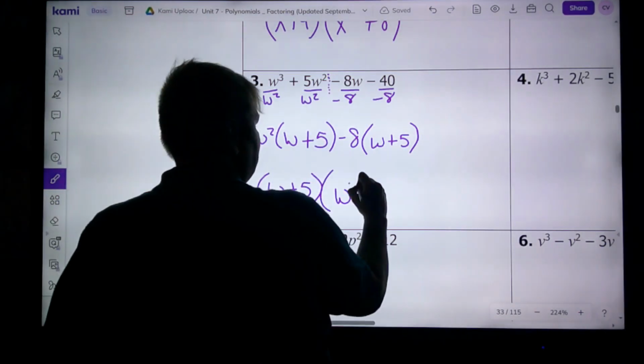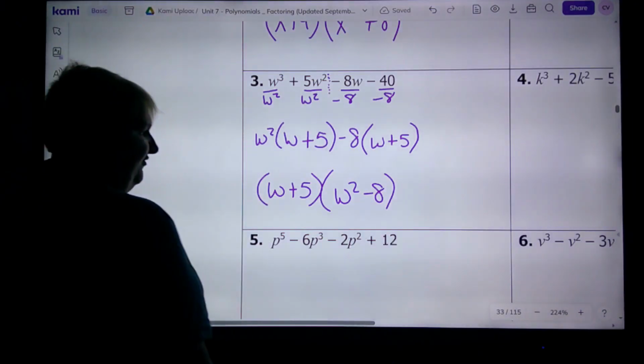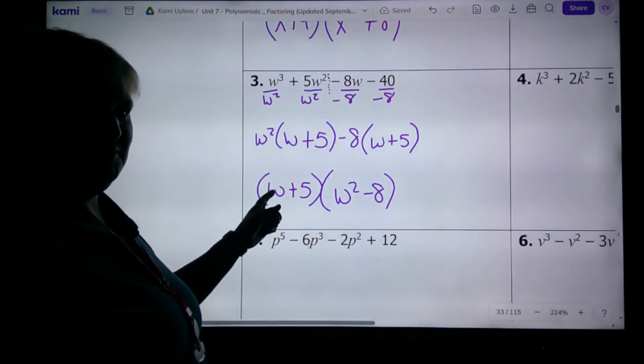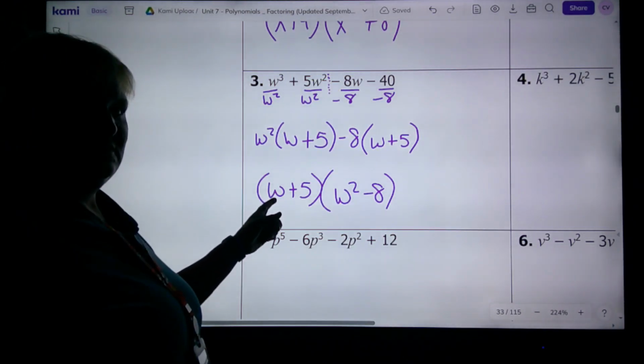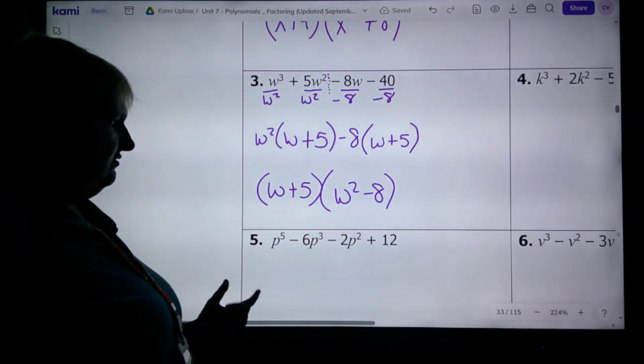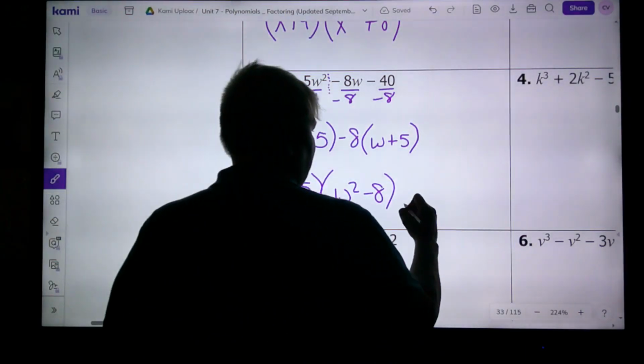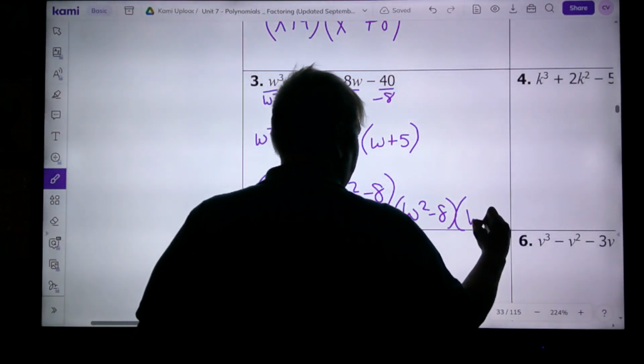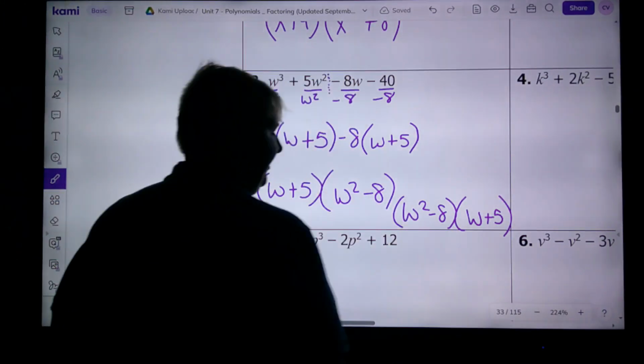W squared minus 8. If I was to write this binomial first and this one second, would that be wrong? No. You could write it the other way around. You could write w squared minus 8 and w plus 5. It's still right.